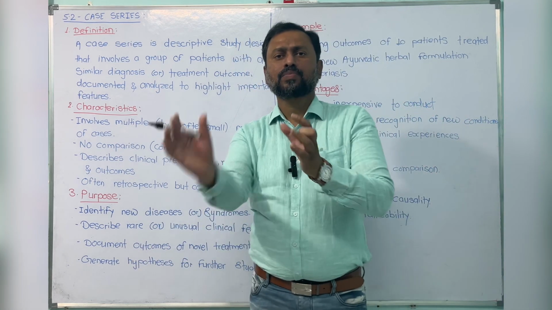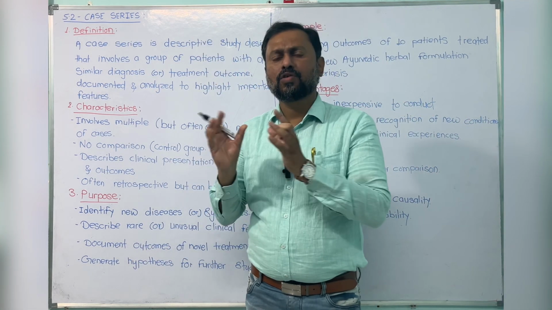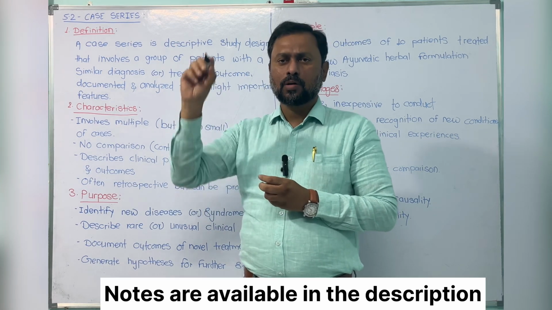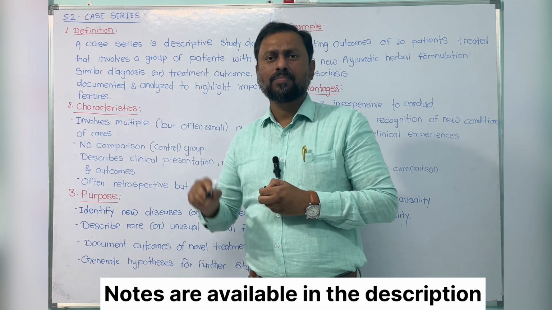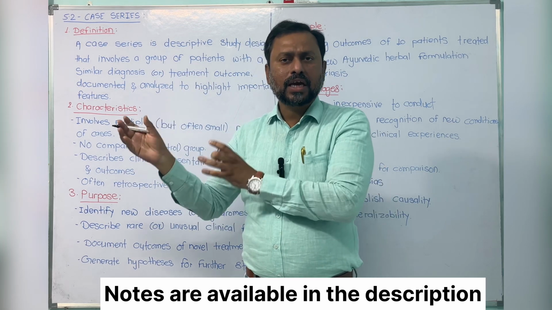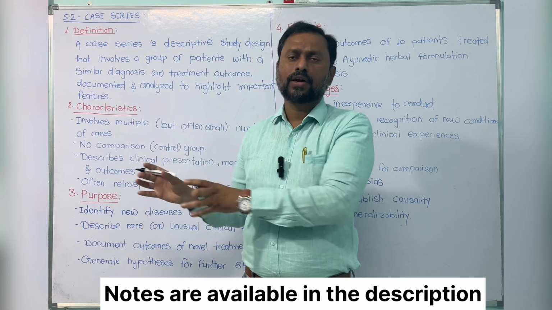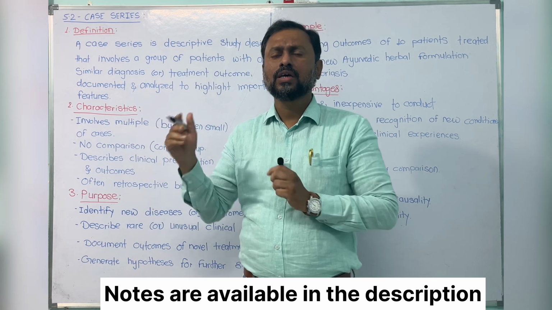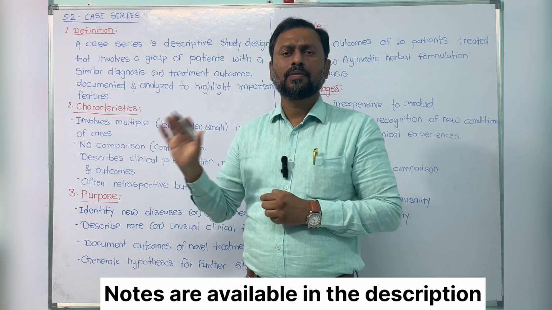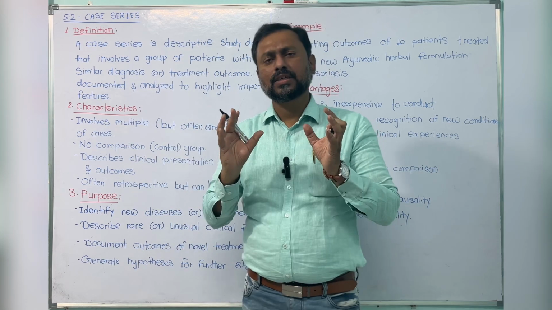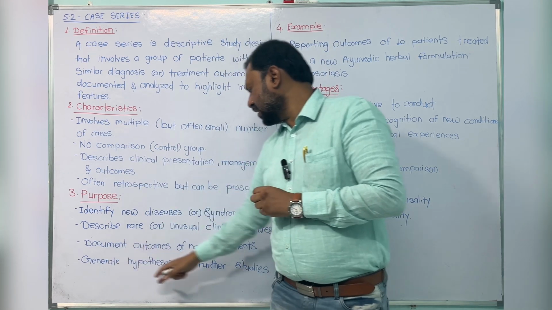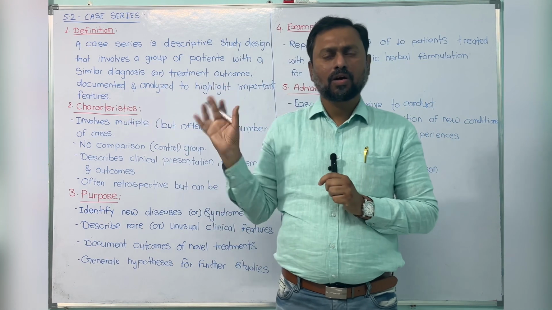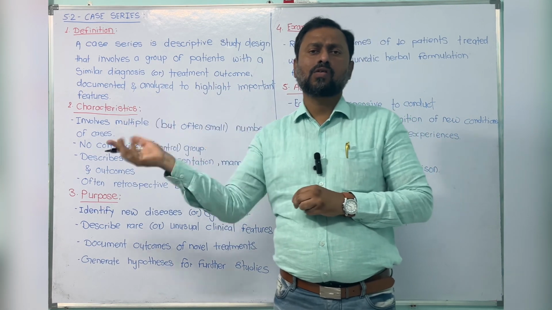Suppose you are writing a case series and you write in the history that almost all the 5-10 patients are suffering because of the particular water in the area, the borewell water or river water, and due to that water the patients suffered from a similar disease. You have generated a hypothesis. You just mention that this may be the cause, but you are not concluding cause and effect.